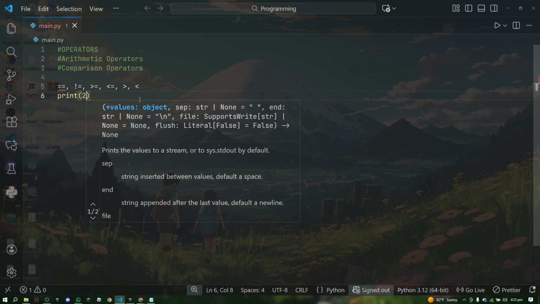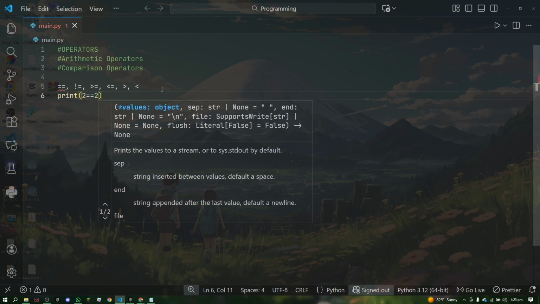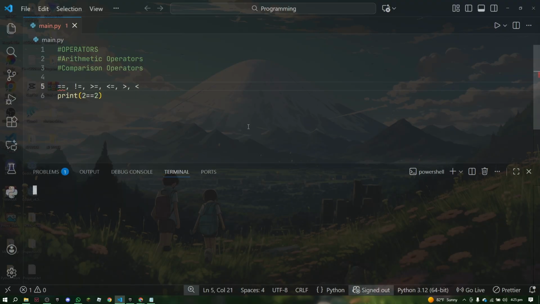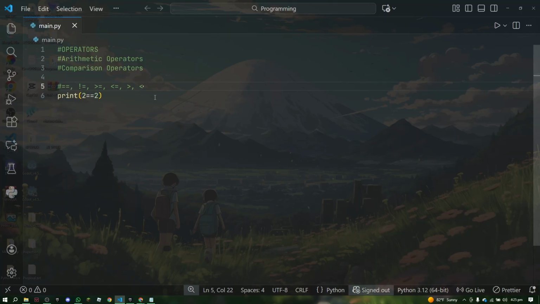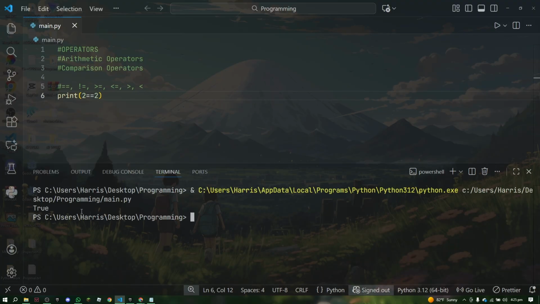So if I go 2 double equals 2. Now what is this doing? So we're going to test out 2 equals 2. And when we run this command, it says true. Because this one makes sure that A and B, meaning the first value and the second value, are the same. So when it does, it says, yeah, true, they're both the same.